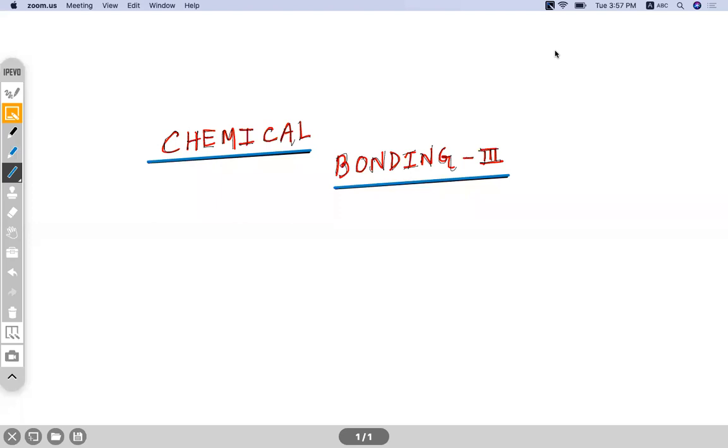Chemistry. When is chemistry, guys? What is the portion for that? Syllabus for chemistry exam.